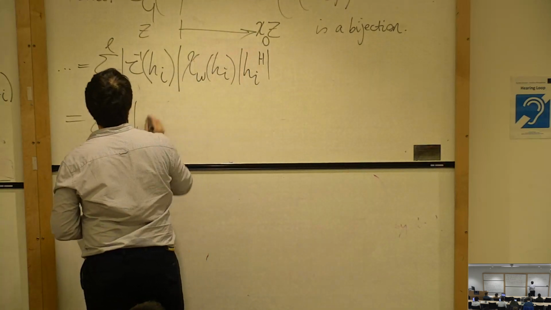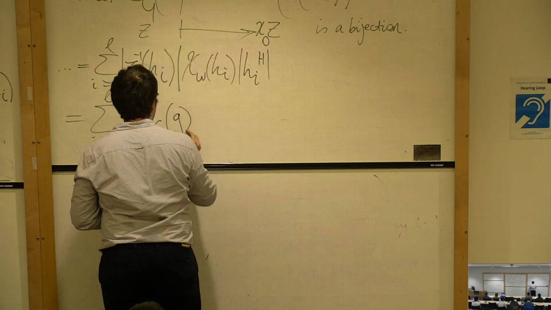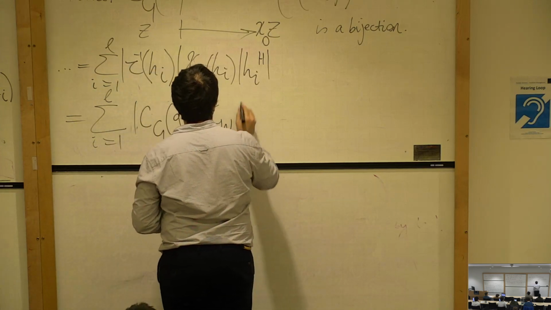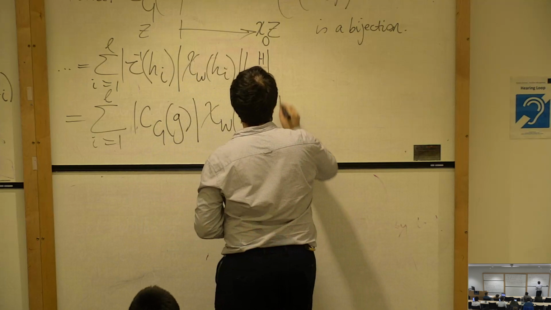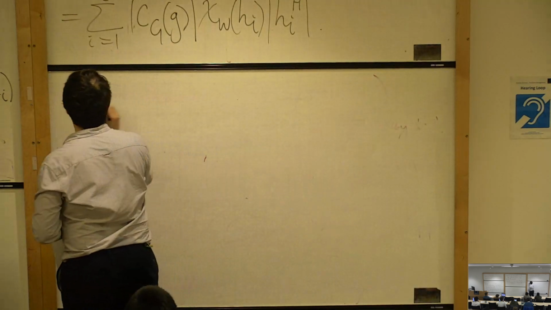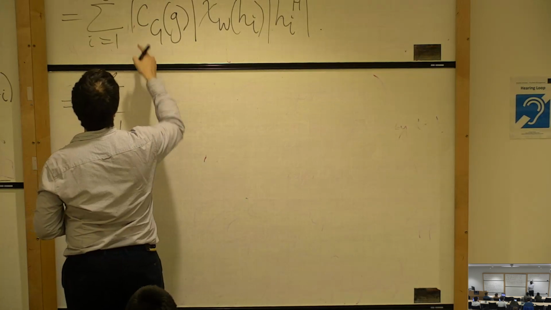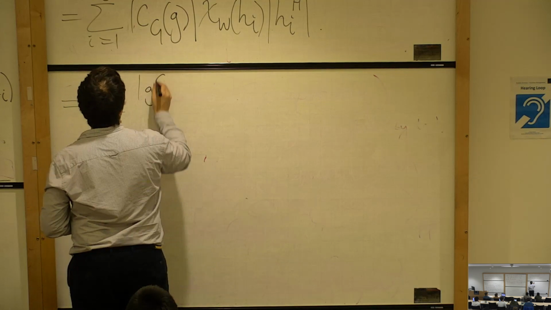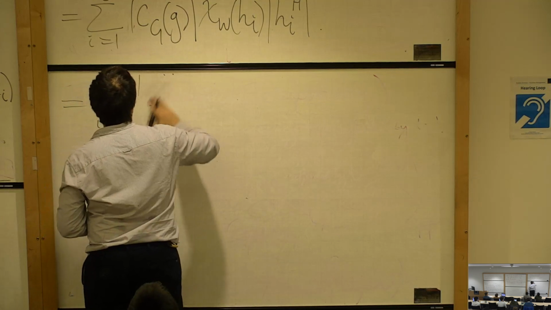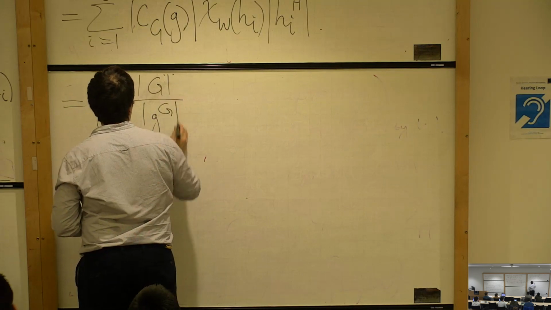Anyway, this one's just a centralizer of g. And using orbit stabilizer, I can get rid of the centralizer by replacing it by this.